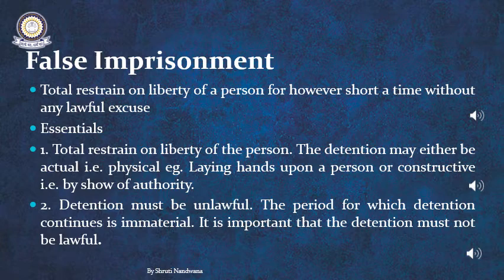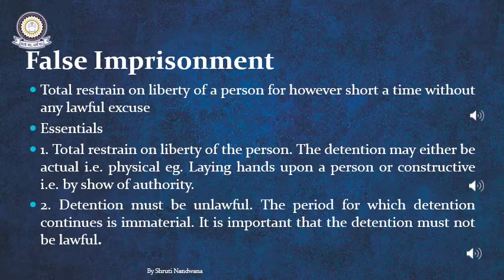Or constructive, that is by a show of authority, if you totally restrain that person from moving in any direction. For example, a person who has authority over the other restrains him from moving beyond a certain premise or beyond a certain limit. He has wrongfully done it, and it should not be with a lawful purpose. So it can either be actual or constructive by a show of authority or by any other such means.